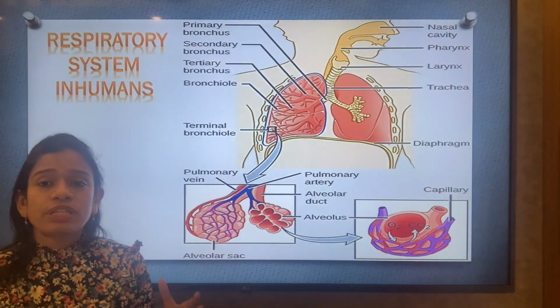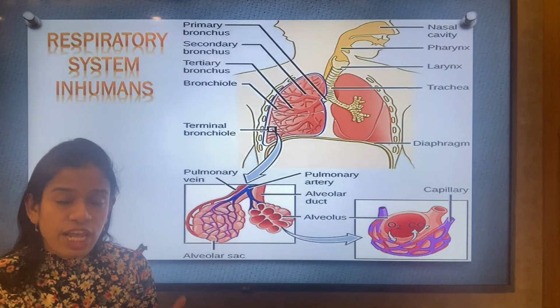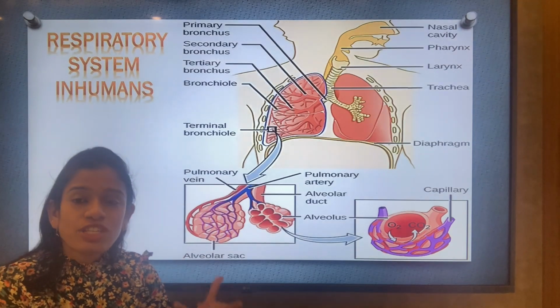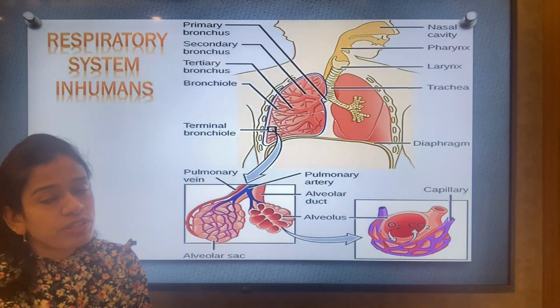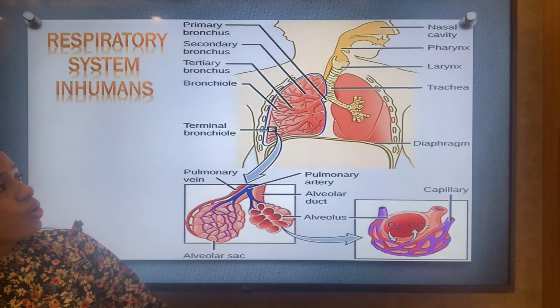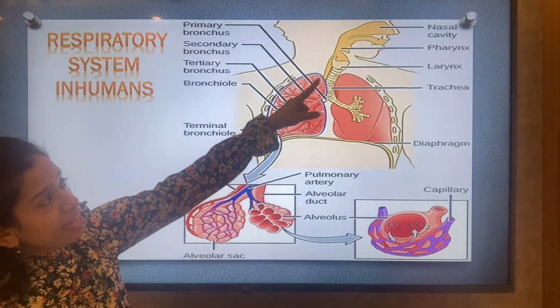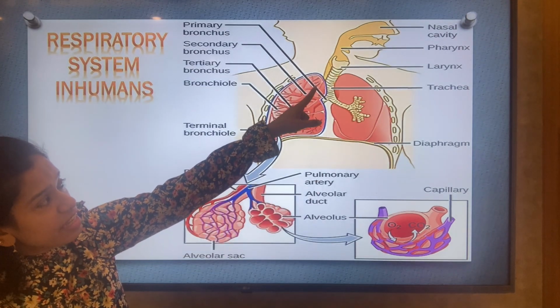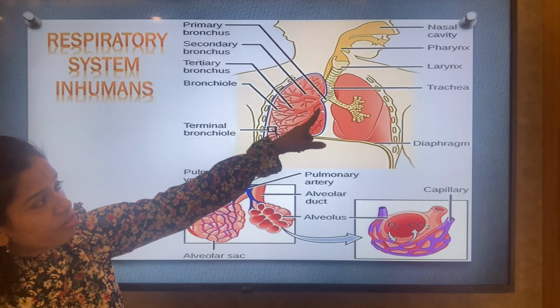Now I told you that the exchange of gases takes place. So let's understand how this exchange of gases takes place during the process of breathing. The air enters through the nasal cavity, moves through the pharynx, larynx and comes into the trachea.